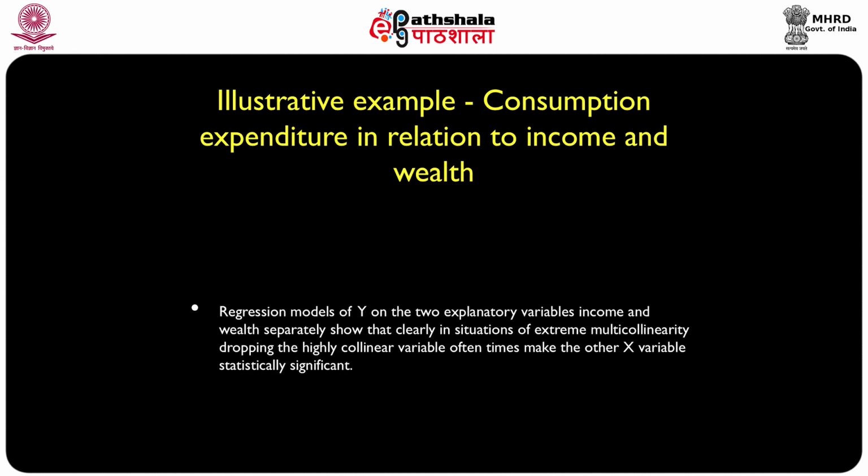Regression models of y on the two explanatory variables income and wealth separately show that clearly in situations of extreme multicollinearity, dropping the highly collinear variables oftentimes makes the other X variables statistically significant.